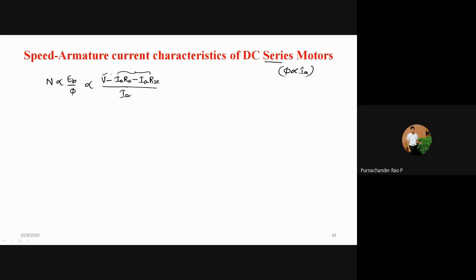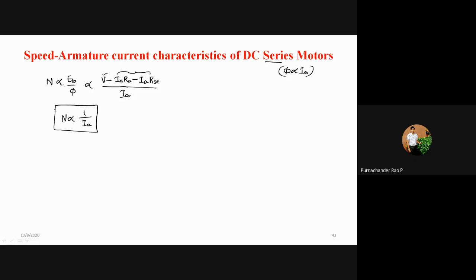This is a constant. Therefore, the numerator value is almost constant, and in series motors the relation between speed and armature current is like this. Here the speed is inversely proportional to your armature current.